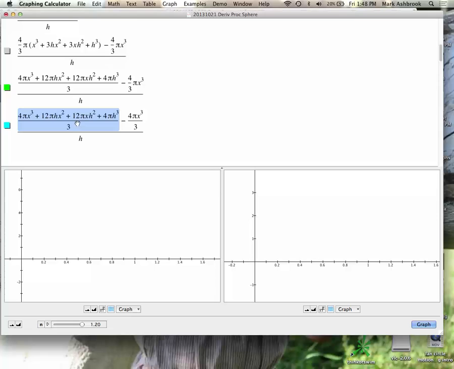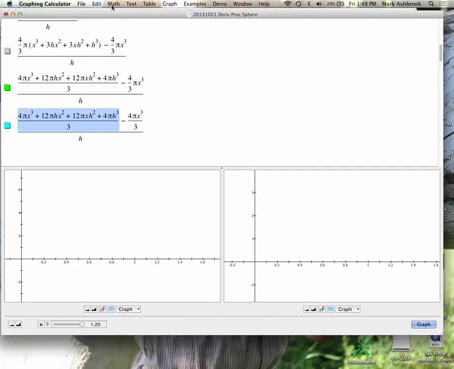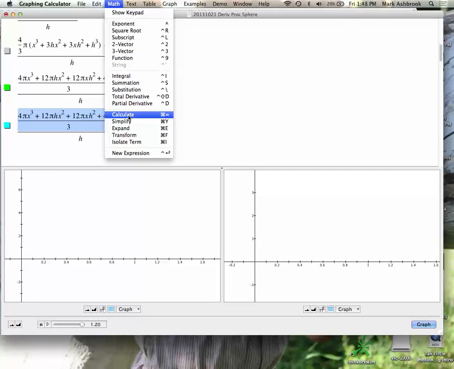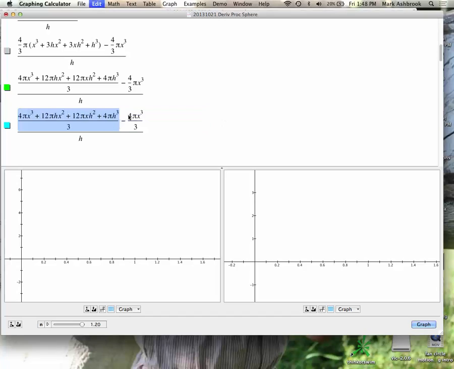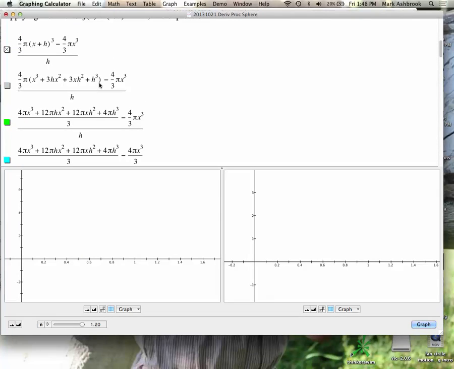We've got to get this 3 to be on all of them. Calculate? No. It doesn't like the 4/3 pi. This fraction is messing it up. So what can we do?